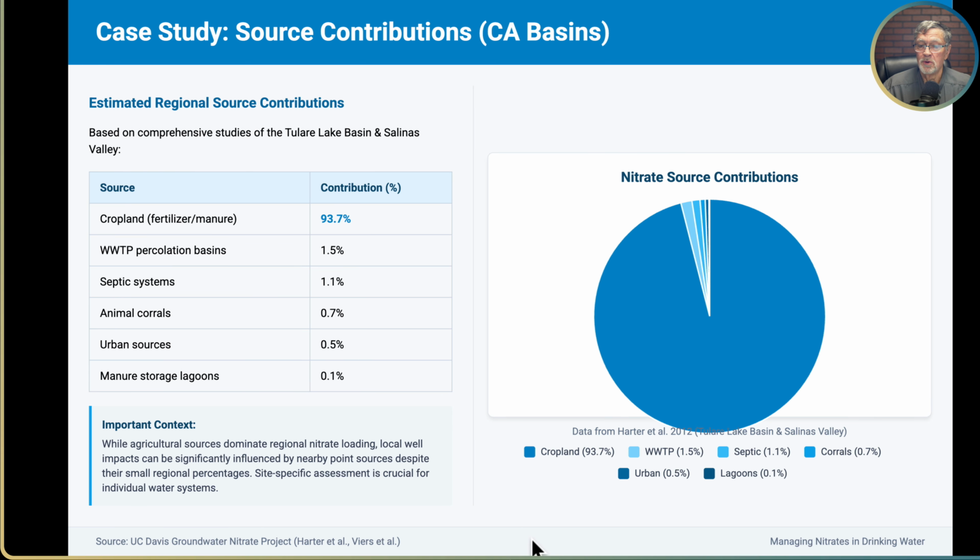So the vast majority. And I think that probably holds true in other parts of the country as well. You get into the Great Plains where you have a lot of croplands, and you're probably going to see relatively similar percentages where you have a lot of croplands and fertilizers going on.